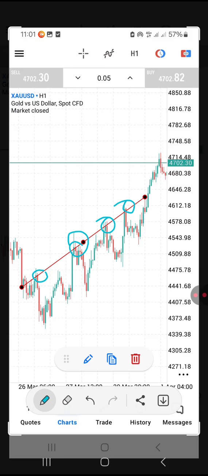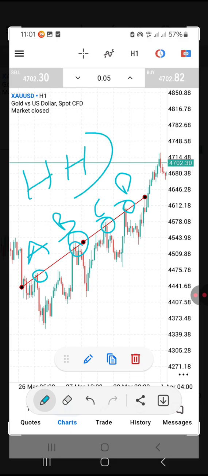Every high is higher than the previous high. Let's call these A, B, C, and D. Higher high is HH. It's just simple.